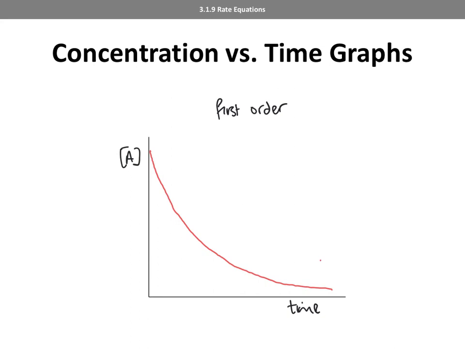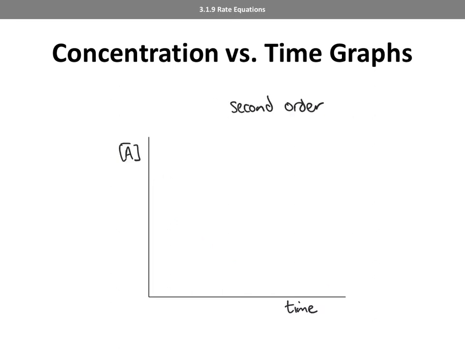Now, this isn't something that you do at AQA, but it is something that you do in other exam boards. What you would discover if it was first order is that you would have a constant half-life on this curve. Anyway, that's the shape of the graph when it's first order with respect to the concentration of A.